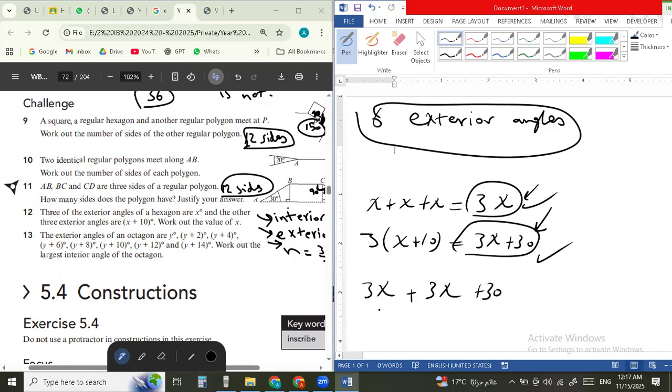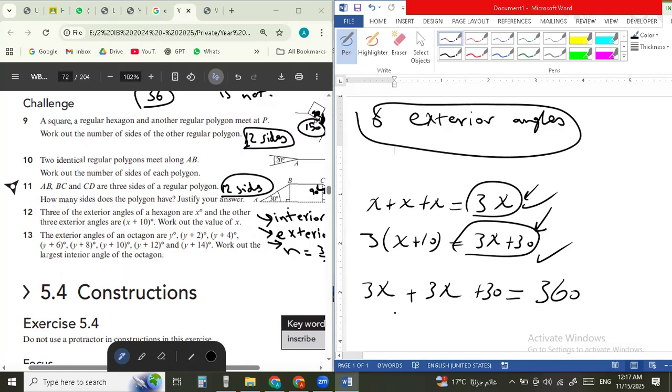Now I wrote an expression for the six exterior angles. Let's simplify, but we know that the sum of all the exterior angles of any polygon is 360. If you add the exterior angles of any polygon, they add up to 360 degrees.